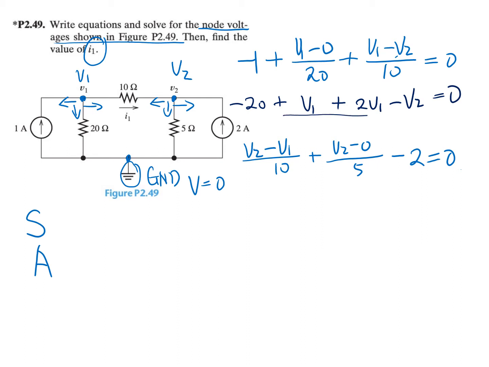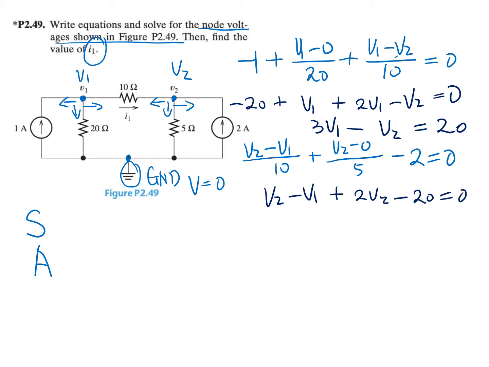This is 3V1, so that's 3V1 minus V2 is equal to 20. And let's simplify this one. We multiply 10 to each term. We have V2 minus V1 plus 2V2 minus 20, that's equal to 0. And we have minus V1 plus 3V2 is equal to 20.